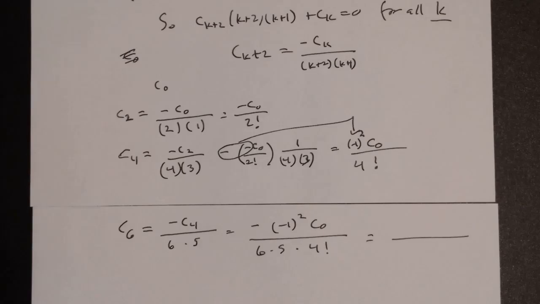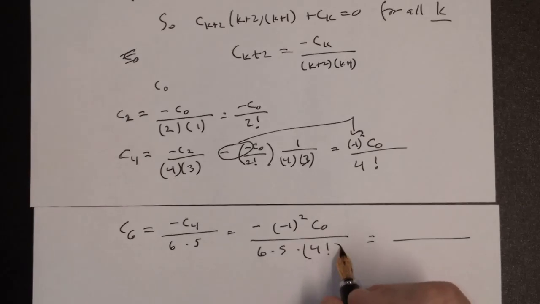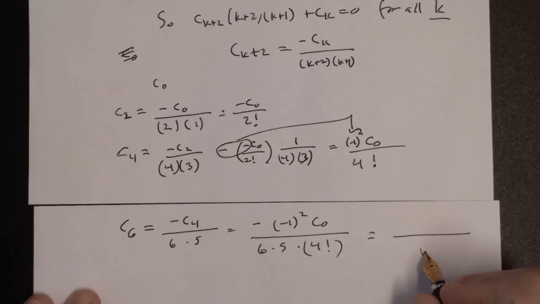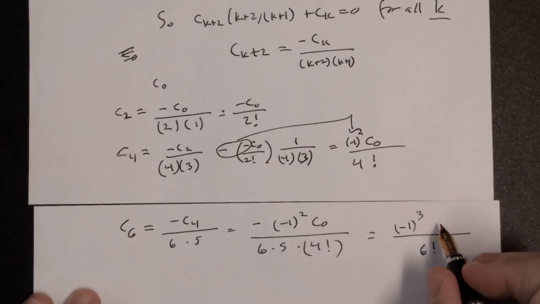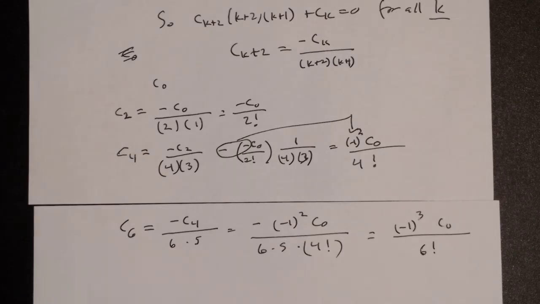What's the bottom? Six times 5 times 4, 3, 2, 1. Yeah, that's 6 factorial. And then this is (-1) to the third C0, isn't it?